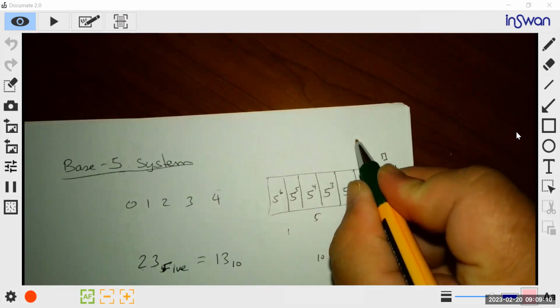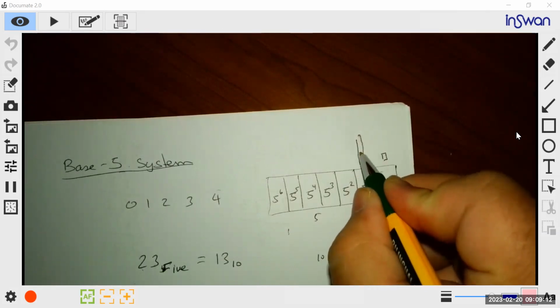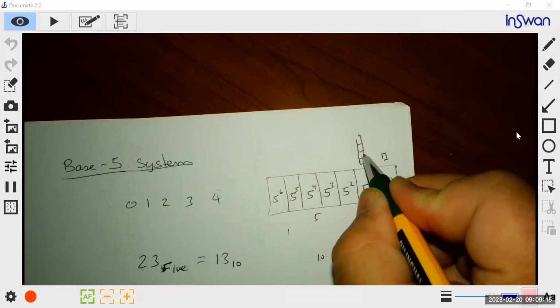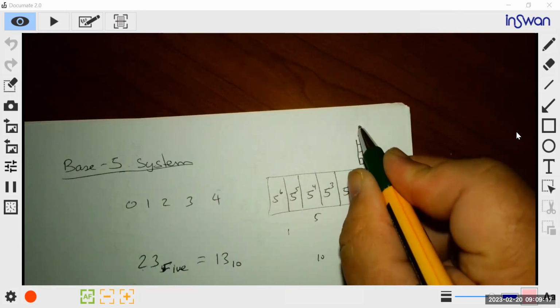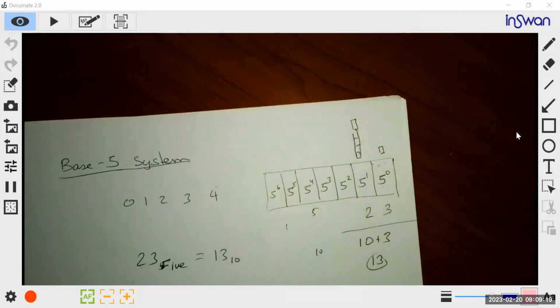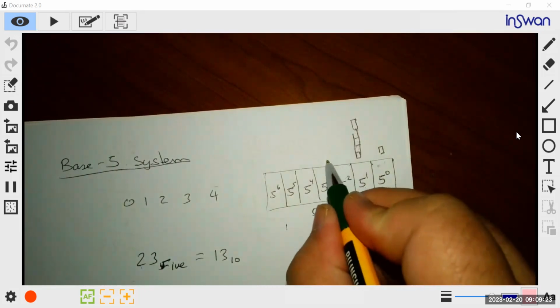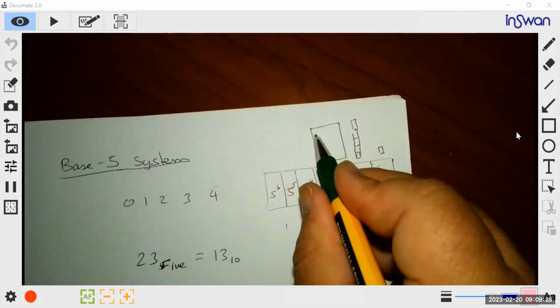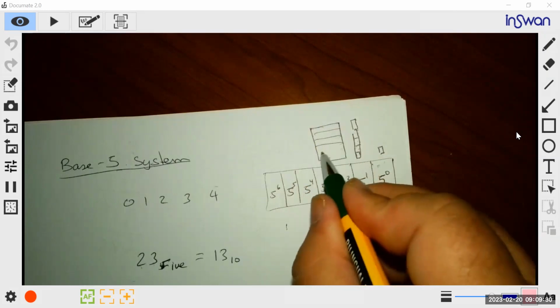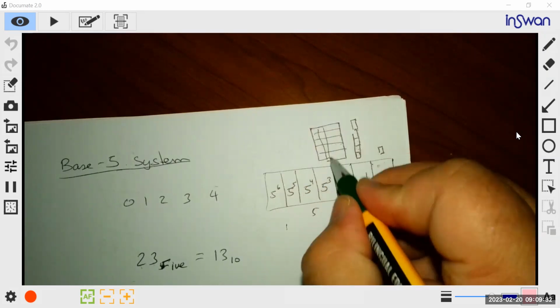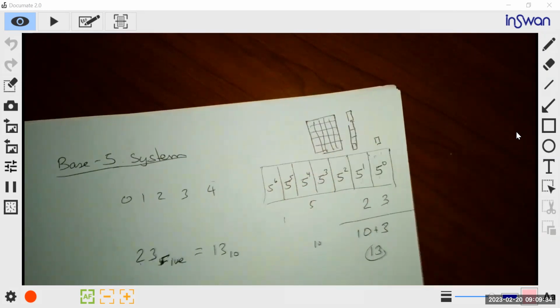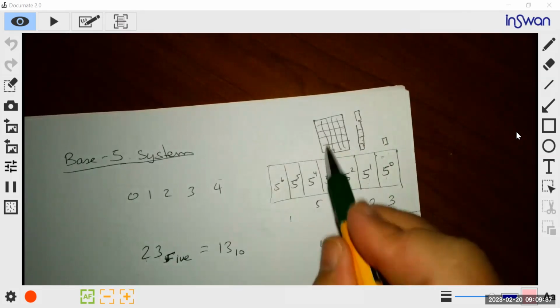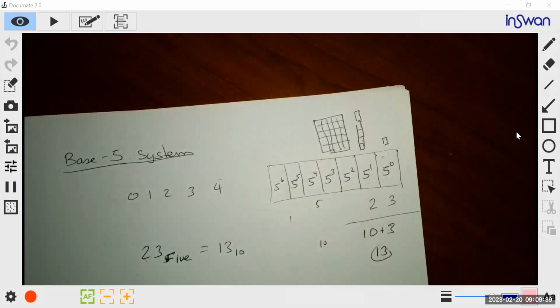The bar is made up of five, up and down. This other one is made up of 1, 2, 3, 4. It's made up of 5 columns of these 5 bars, and so forth.